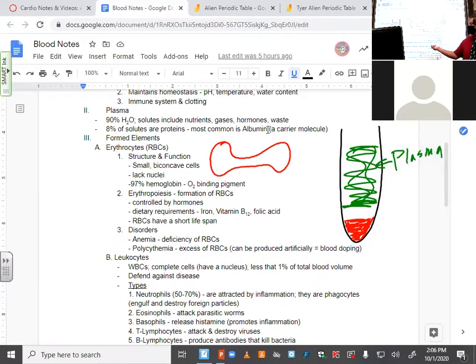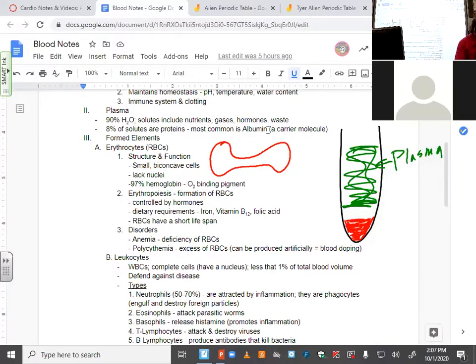The flip side of anemia is polycythemia, which is too many red blood cells. It can be a problem like some cancers, some leukemias, some lymphomas. There's also a condition called thrombocythemia, where you start making more red blood cells than you need. But it can also be produced artificially, where people want to deliver a lot more oxygen than they should.